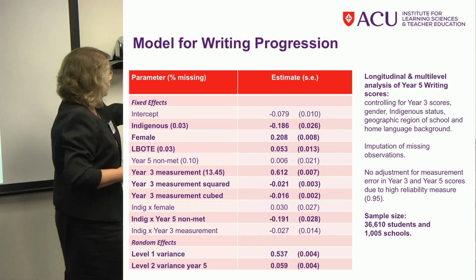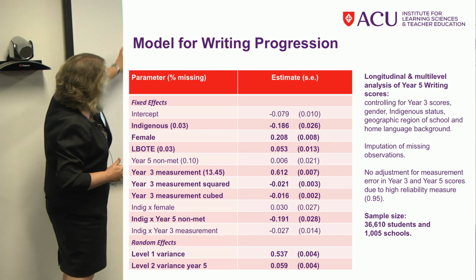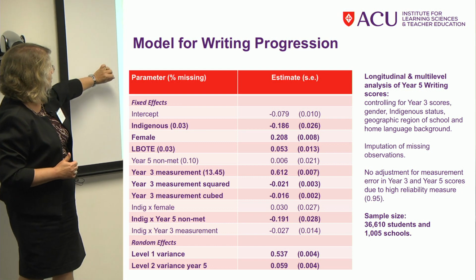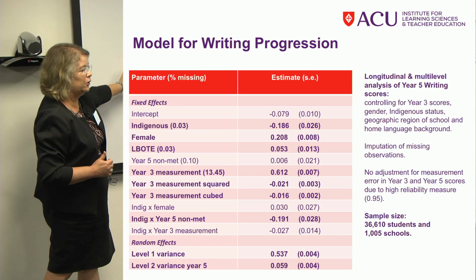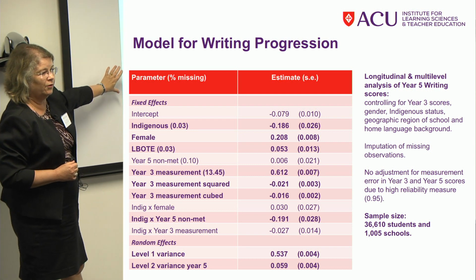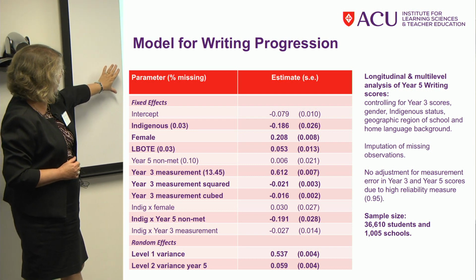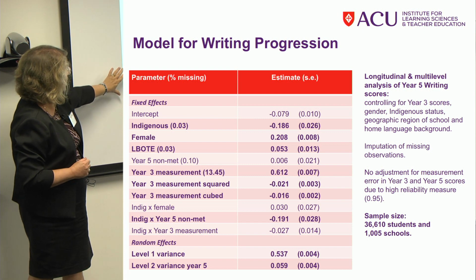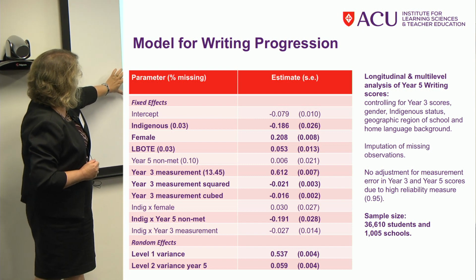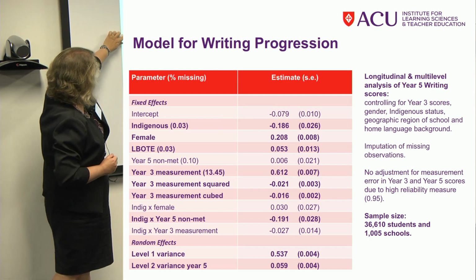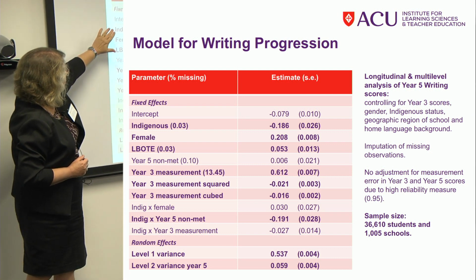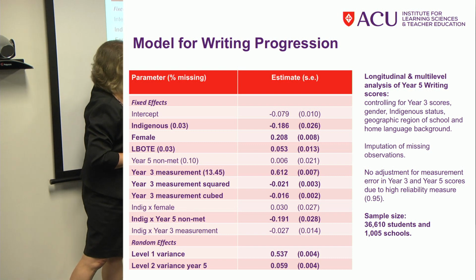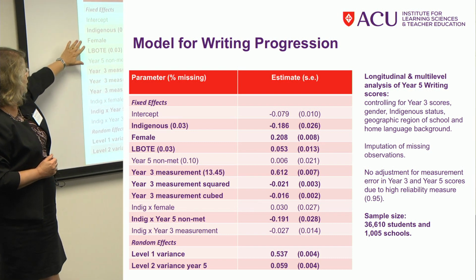So again, the variables are presented in a slightly different order, but we still get the non-linear result between year 5 outcomes and year 3 outcomes, so the growth in writing scores. This time, Indigenous students have a lower progression than non-Indigenous students.